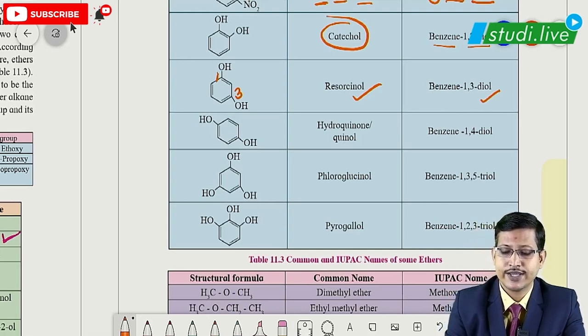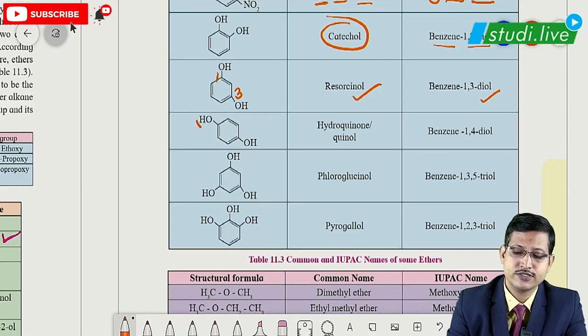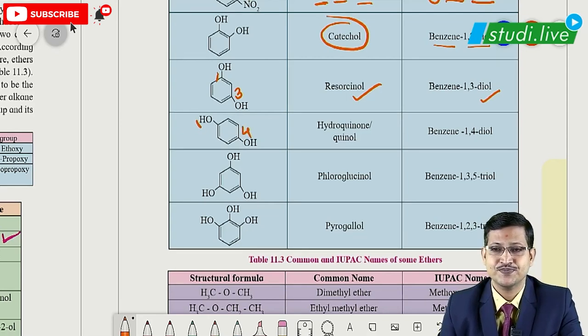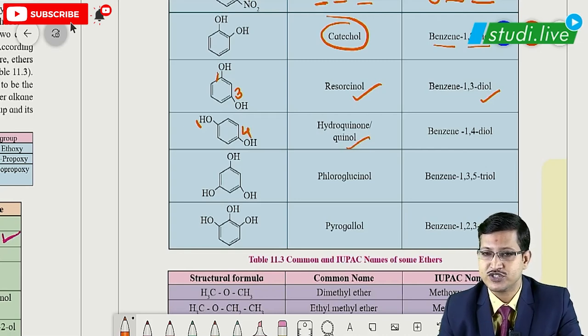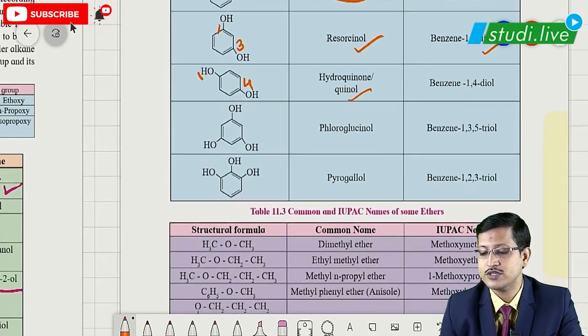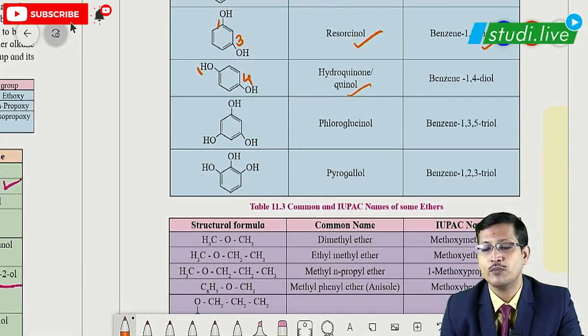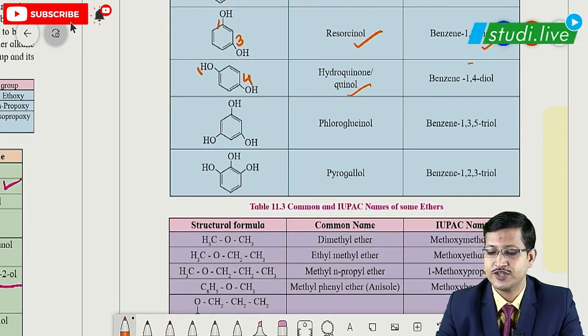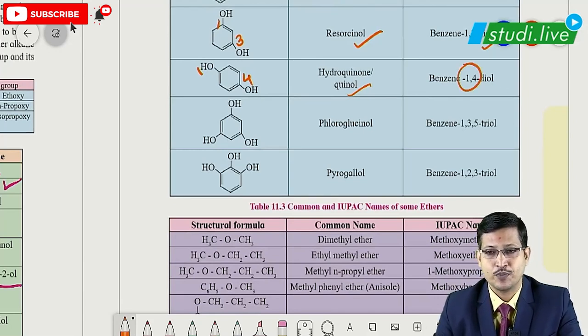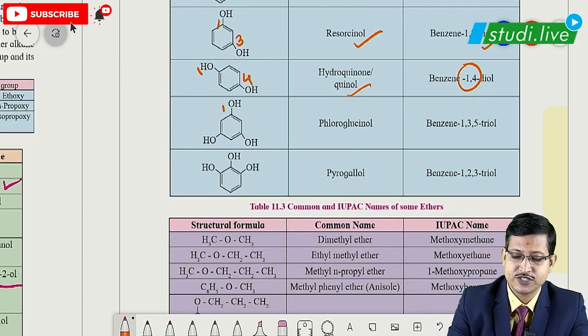The next one, again, this is the first position and this is the fourth position. Now this is hydroquinone, or it is called quinol, and here the compound is benzene-1,4-diol. So first and fourth position. So benzene-1,4-diol.